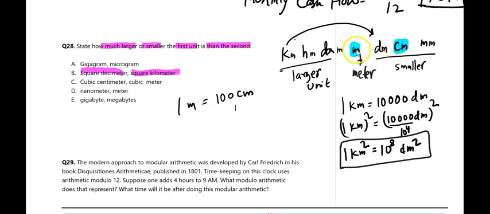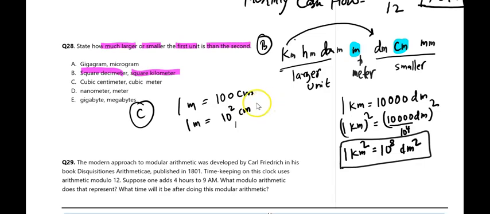To change meter to centimeter, you multiply by 10 and 10. That means multiply by 10 twice, which means multiply by 100. So for C, 1 meter equals 100 centimeter. Again, you can say 1 meter equals 10 to the power 2 centimeter.